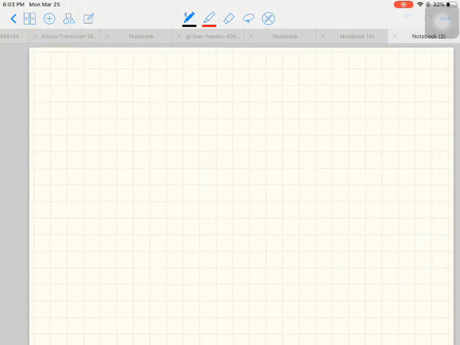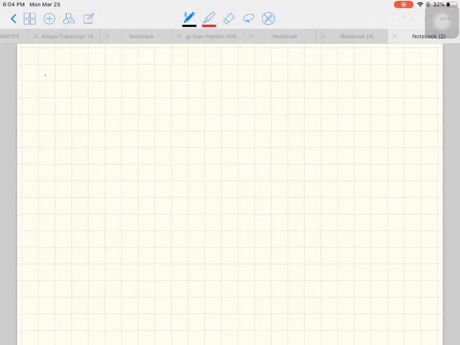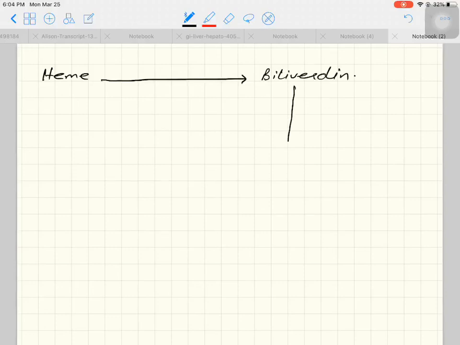So how do the reactions occur? Let's see. For example, this is heme, which converts into biliverdin first, then this biliverdin converts to bilirubin.